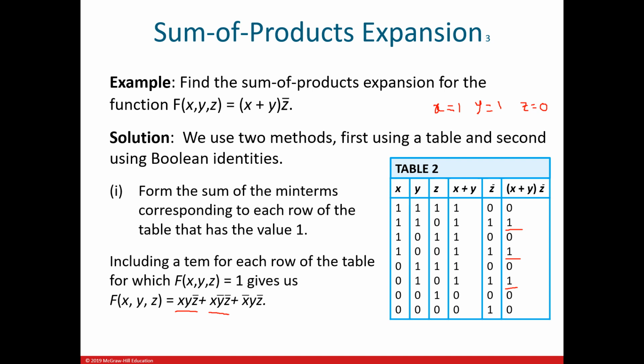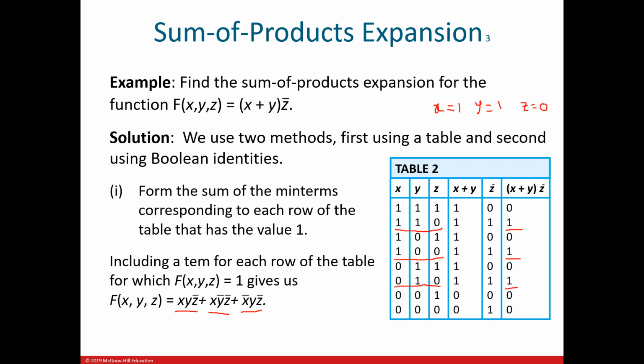And then the third row, where x and z are 0 but y is 1, is shown as x complement y z complement. So this is another way of showing that these three different values are satisfying this equation, and this is nothing but a sum of products.